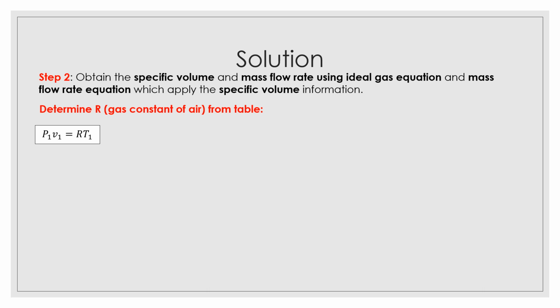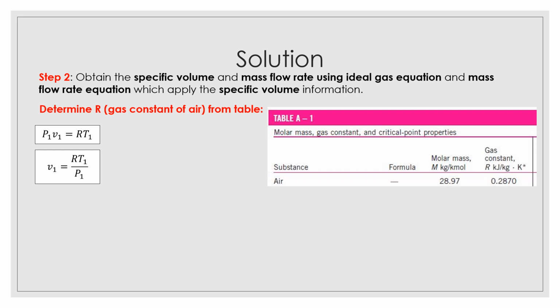But before that, we need to use the ideal gas equation, PV equal RT. Then we rearrange it in the form of the specific volume and we get v = RT over P. Then we obtain the R by referring to the property table.